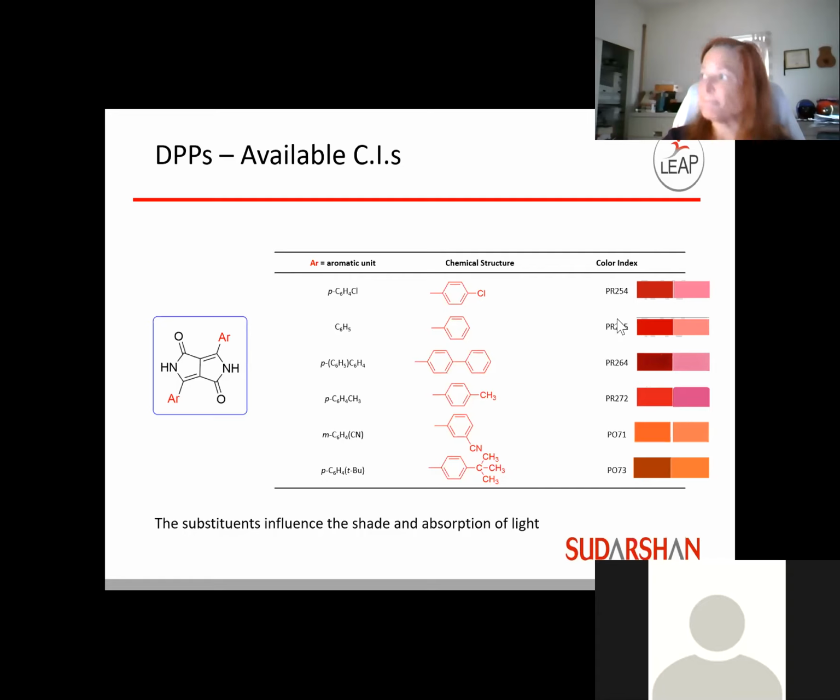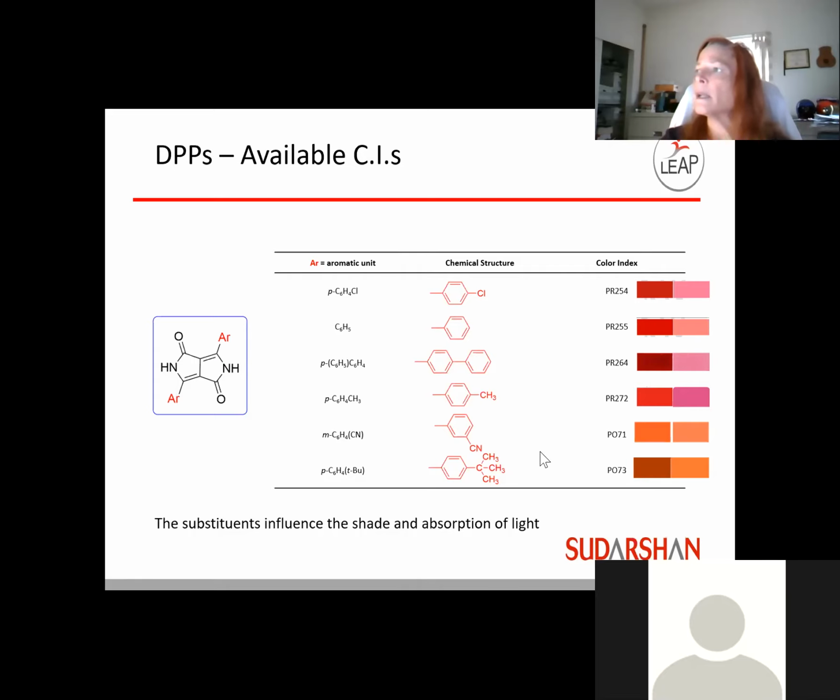I'm also including a little bit of a snippet of a color perspective so that you have that readily handy. You can see again the pigment red 264 being the blue shade red, all the way to the pigment orange 71 being the yellow shade orange, and everything in between.